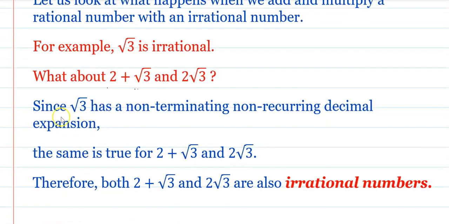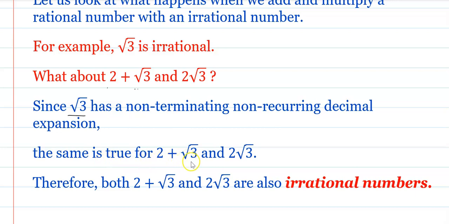We know that root 3 has a non-terminating, non-recurring decimal expansion, and the same is true for 2 plus root 3.